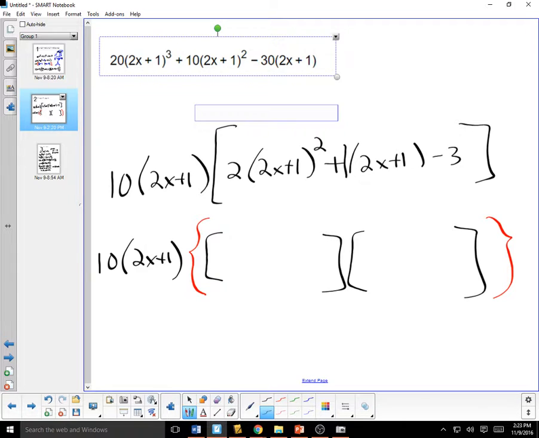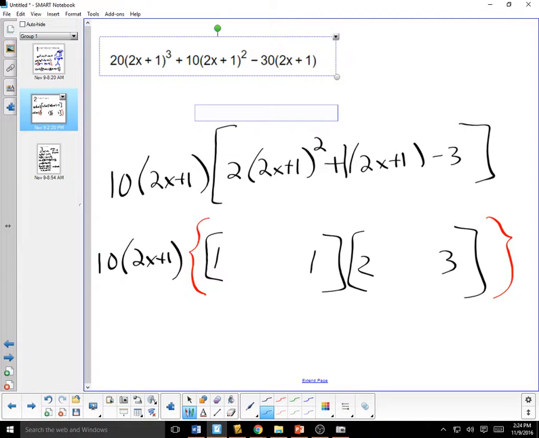So, let's see here. Let me think. How can I get 2? Well, the only way to get that is 2 times 1, right? So, I'm going to go 1 times 2. Cool? And then the only way to get a negative 3 is 1 and 3, correct? So, I'm going to go 1 and 3. And when I combine those, wow, that's a multiply 3. Is the middle one positive?